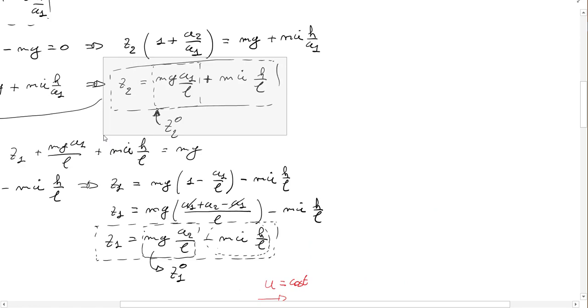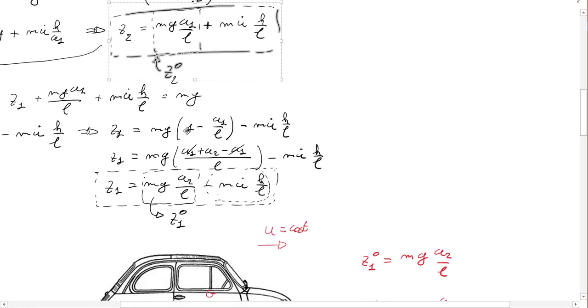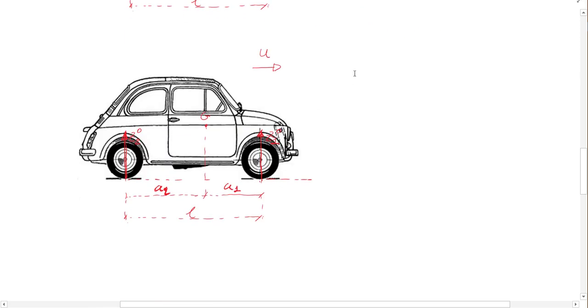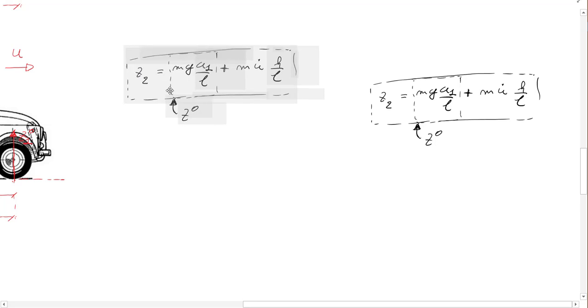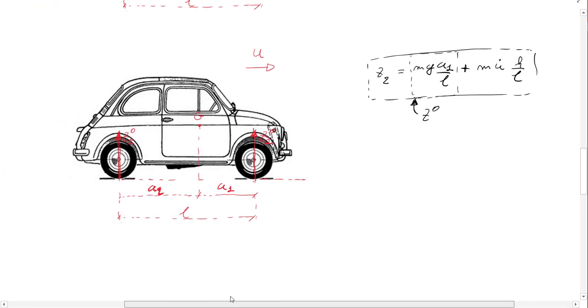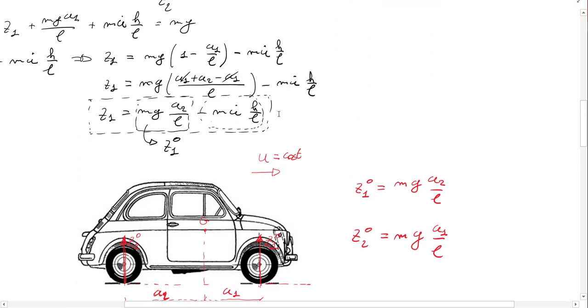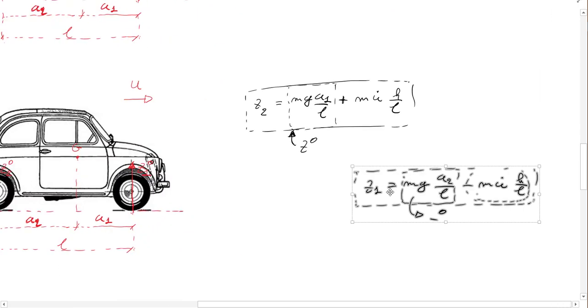Z2 will be this one, copy and paste. Z1 will be this one, copy and paste.